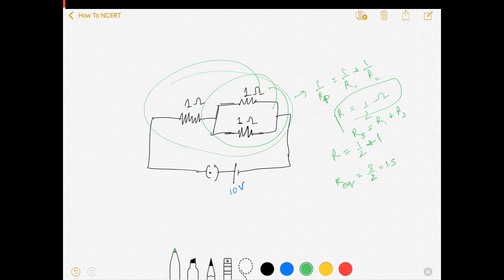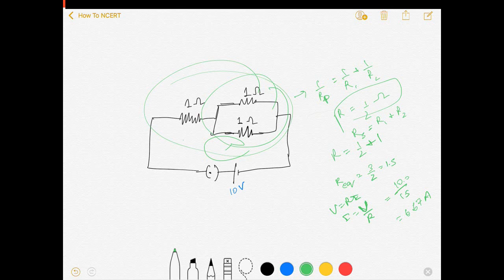Now you can get the current in the whole loop because V is equal to Ri, so I is equal to V by R, which is 10 by 1.5, which gives me 6.67 amps.